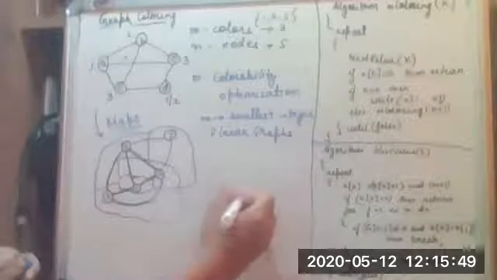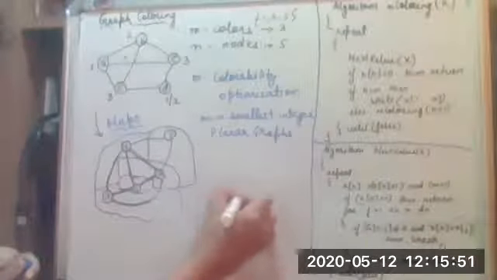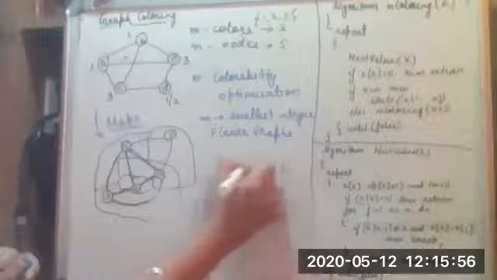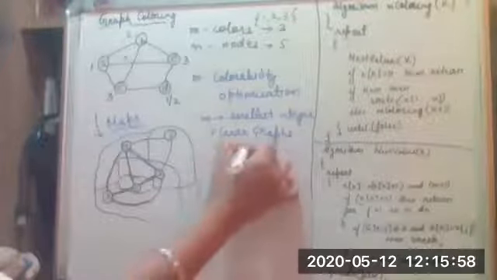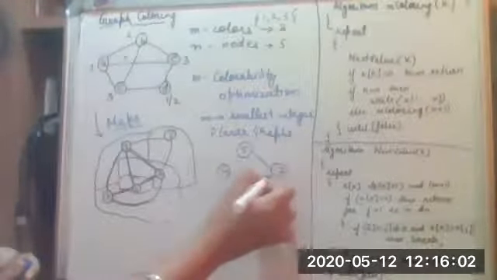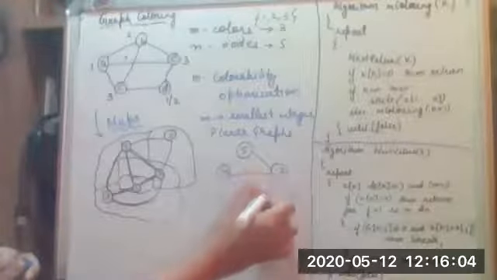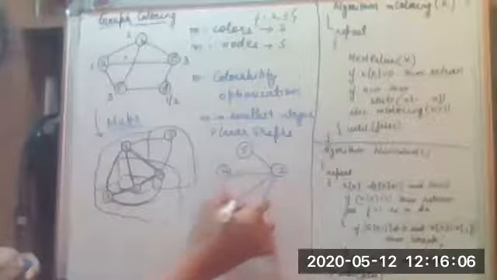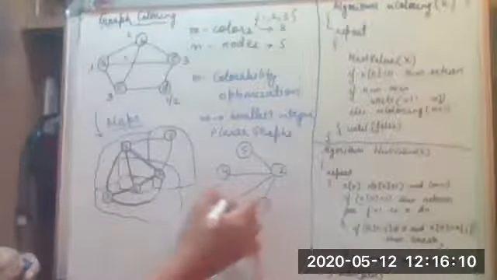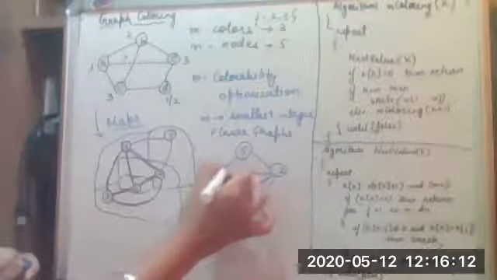Let's say I want to put it like this: 3, 1, this is 2, this is 4, and this is 5. So 2 is connected to 5, 2 is connected to 4, 1 and 3. 3 is connected to 1 and 3 is connected to 4 and 5.